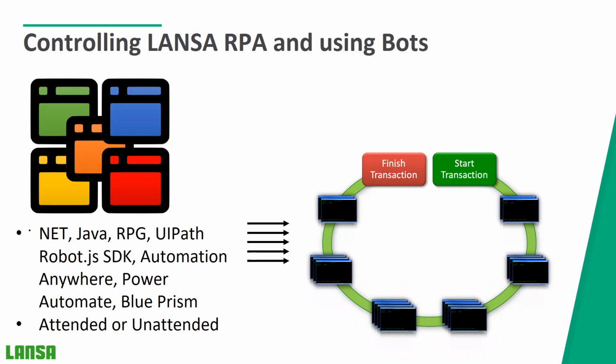So if you've got processes that run all day, run all night, never stop, and big loads, then unattended processing may be your target. In terms of how LANSA works with RPA, it can be controlled by another application, or it can control another application and also use bots. So the integration of RPA on the IBM i with LANSA technologies is up to you.